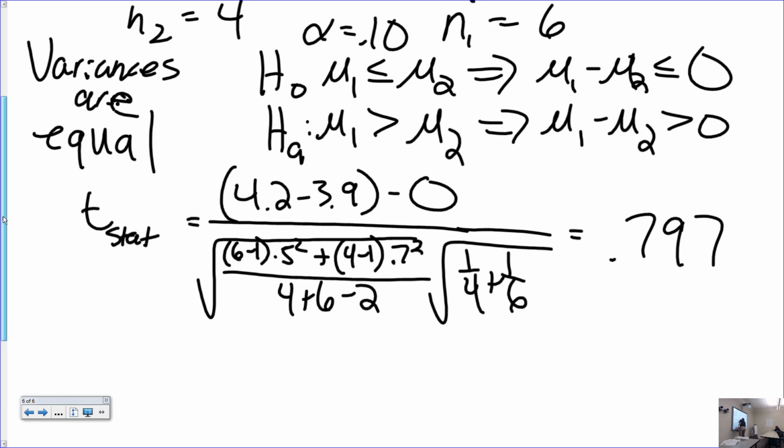So this up here is really 2.72. This down here is really 8. It should be just 0.3 divided by the square root of 2.72 divided by 8. Close that, and it equals, and then divide again by the square root of 1 divided by 4 plus 1 divided by 6.